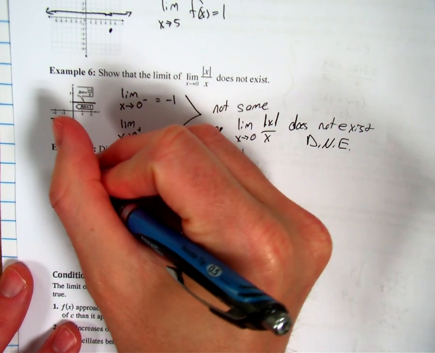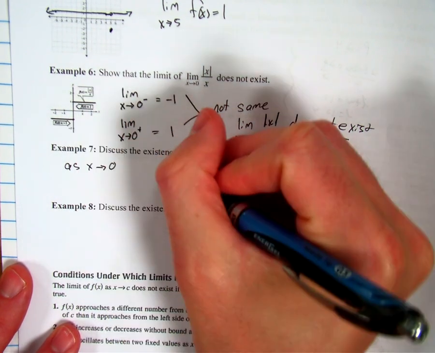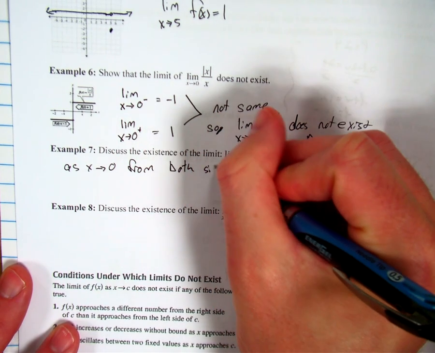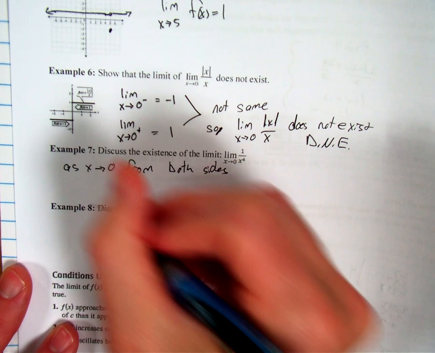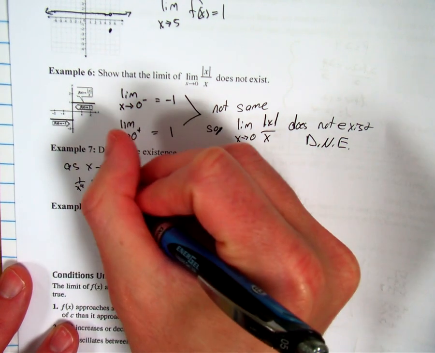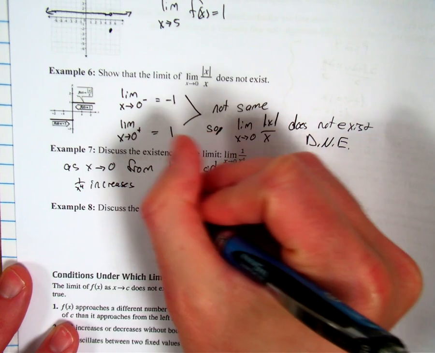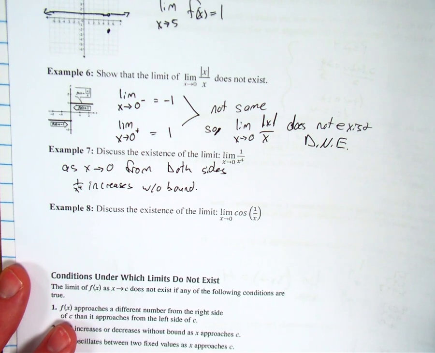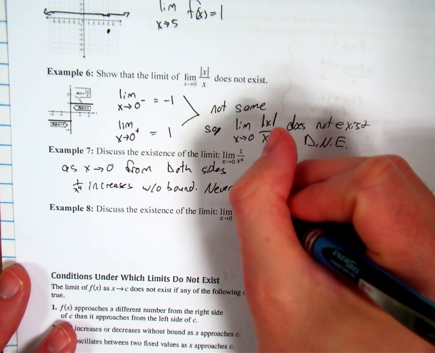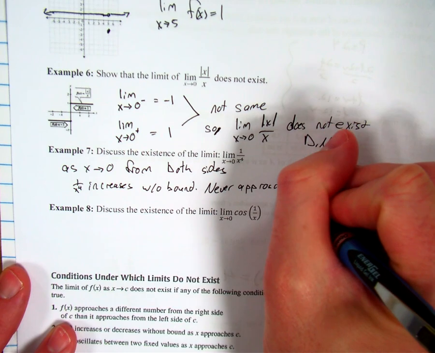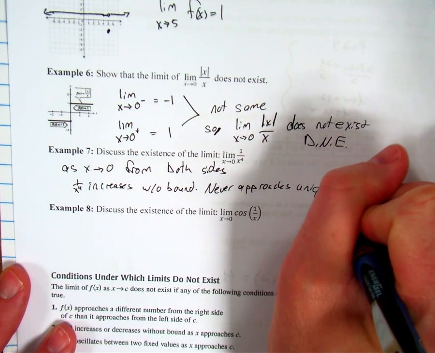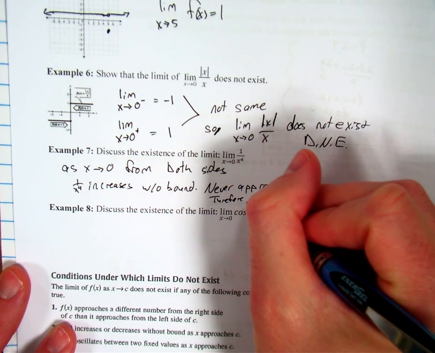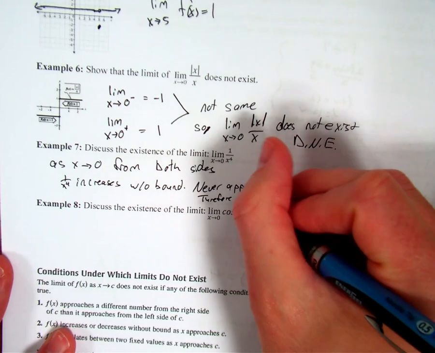So as x approaches 0 from both sides, 1 over x to the 4th increases without bound, never approaches a unique number, therefore the limit does not exist.